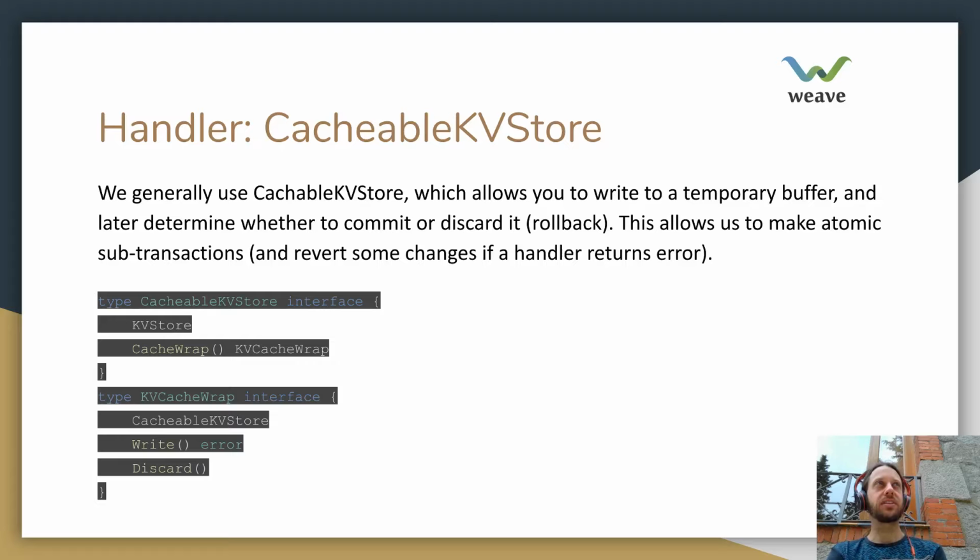So a CacheableKVStore basically is a parent which can have sub-transactions. A KV cache wrap is a sub-transaction. You can nest them indefinitely. And every time they can push back one level to the parent. Otherwise, they all implement the KV store interfaces. They all work like normal KV stores, except they allow levels of sub-transactions and then allow writing back to the parent.